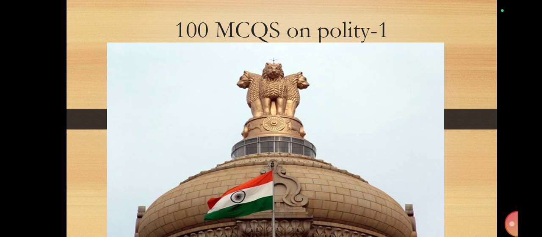Question number 94. With reference to the Finance Commission of India, which of the following statements are correct? The Finance Commission is not vested with such powers as allowing the withdrawal of money out of the public account of India. It ensures transparency in financial administration. These all statements are wrong.